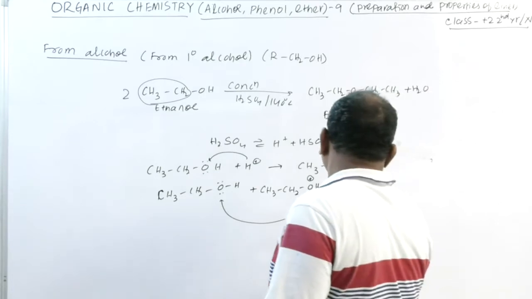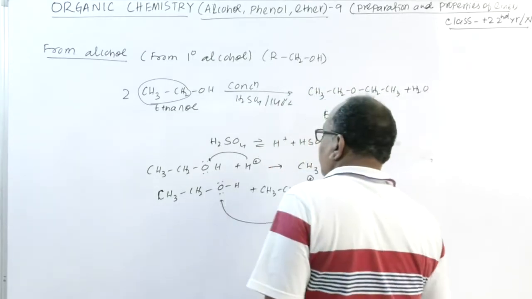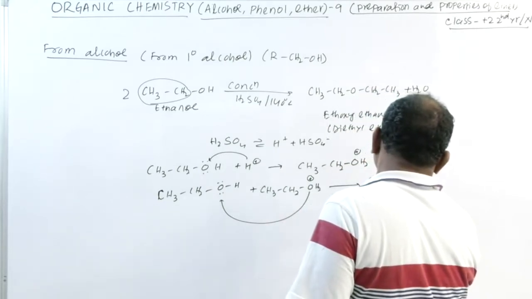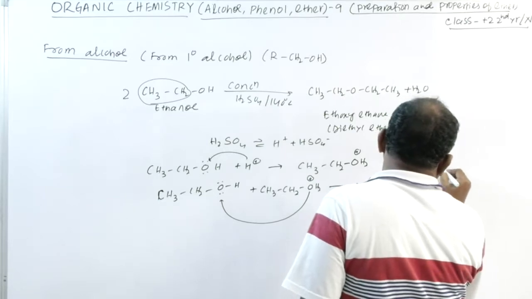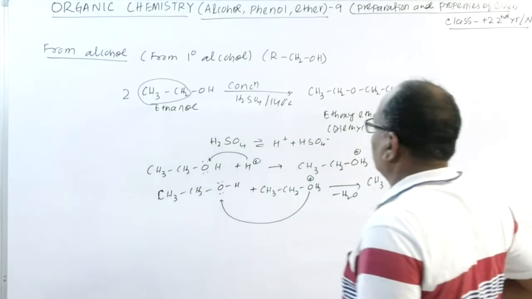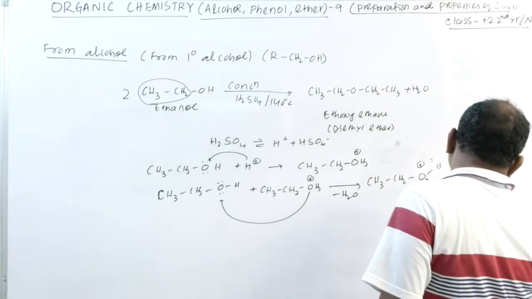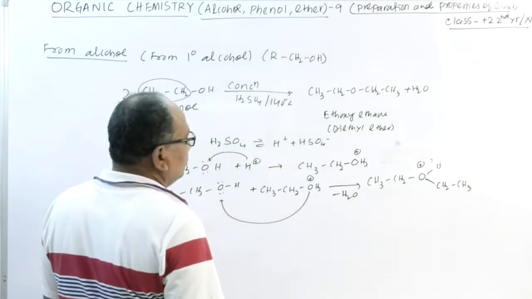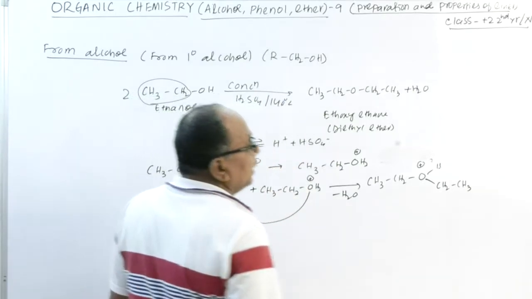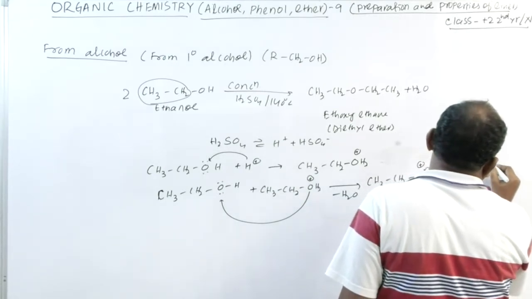This will lose a molecule of water. This becomes CH3CH2O plus H bonded to CH2CH3. And now this electron comes to here, it loses a molecule of H plus ion.